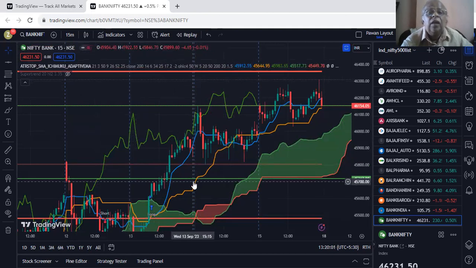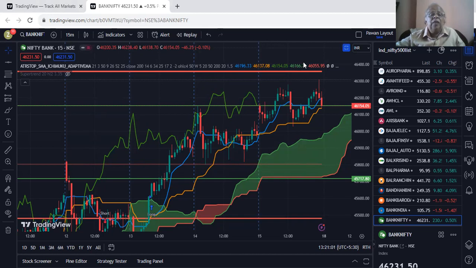45,912 and 45,644. 45,912 minus 45,644, around 268 points is there, and that is a good point, meaning there is a good difference behind it.